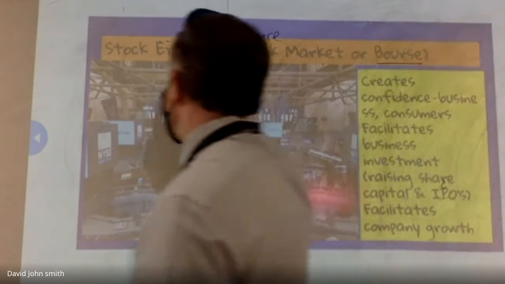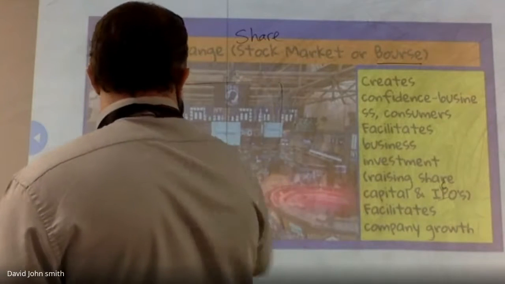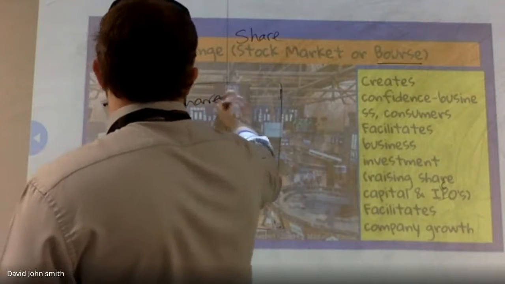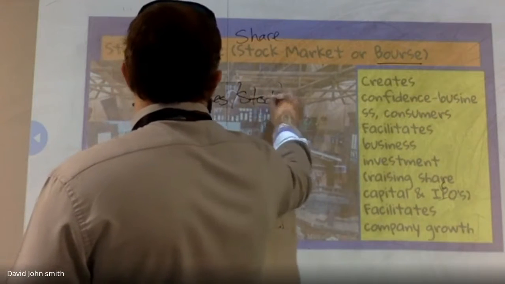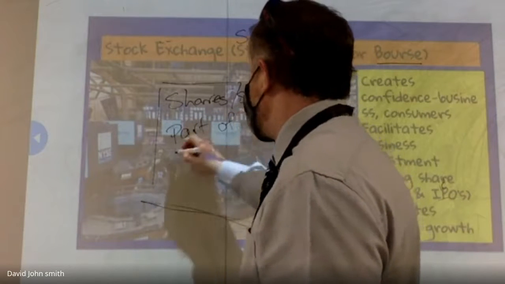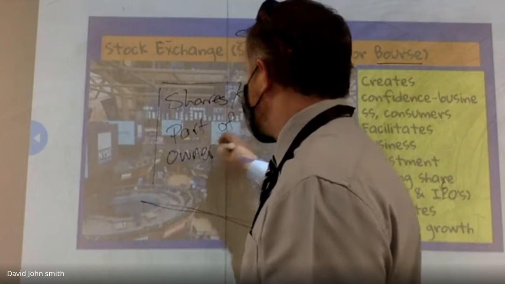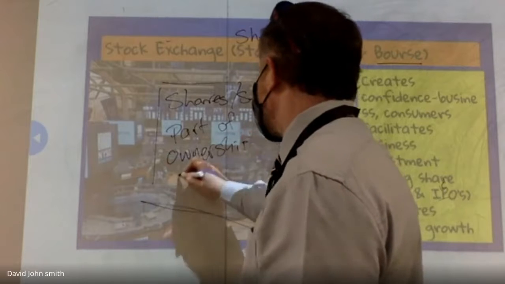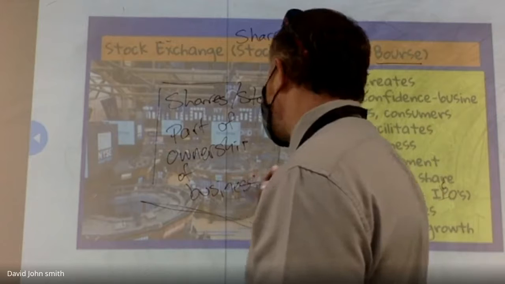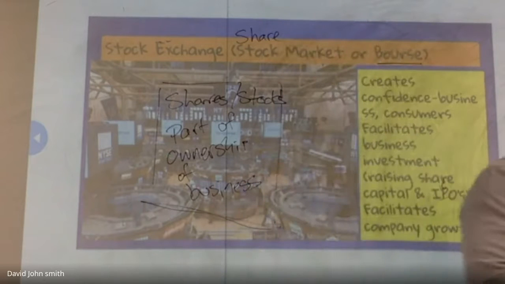What they do is these sorts of things. They grab these bits of paper, they're called shares or stocks, and they are part of the ownership of a business. Just a small fraction of it.